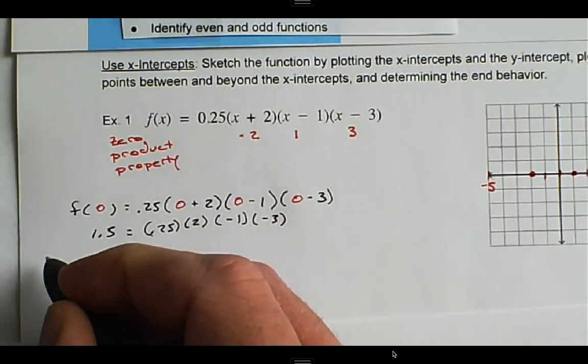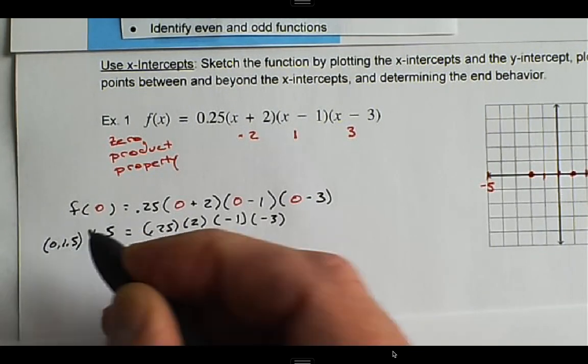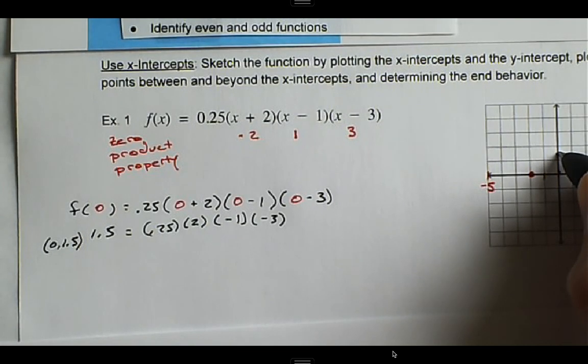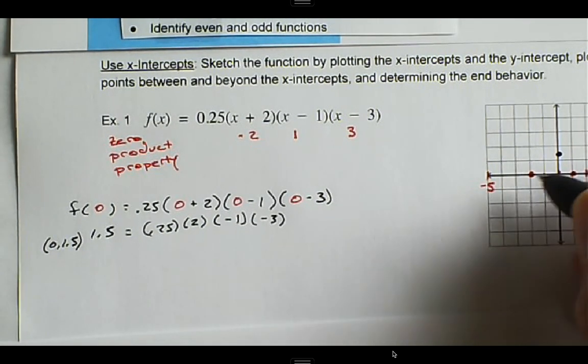So then we get the ordered pair (0, 1.5). On our graph, we go to 0, and then we're up to 1.5, and we know that we're going to have a point there that we should go through.